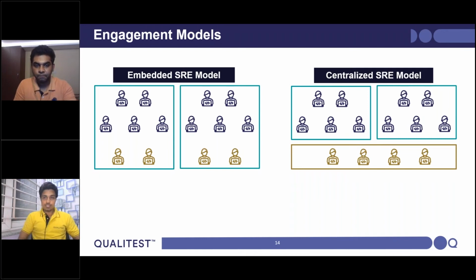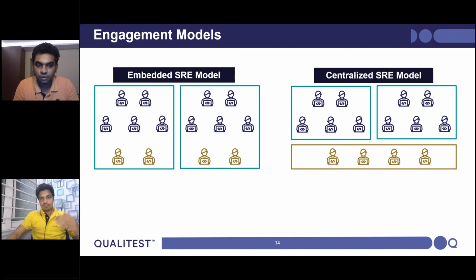That's where the centralized SRE model addresses that problem, right? The centralized SRE model is predominantly to mature the SRE technologies and practices across the organization, with the knowledge delivered across. So that's how the models are.